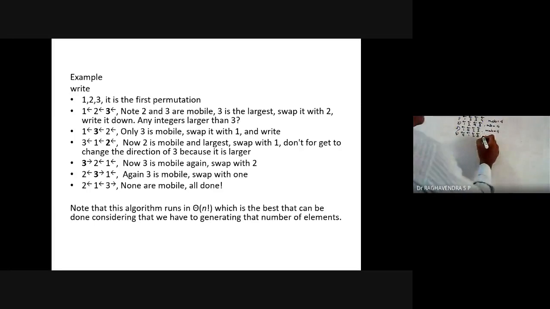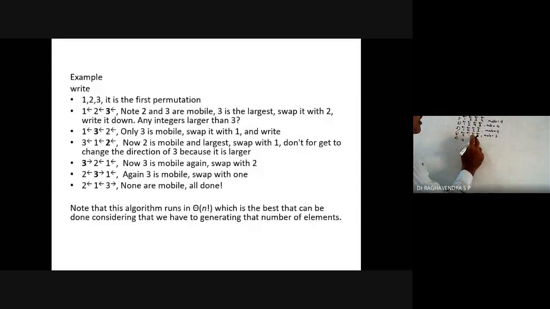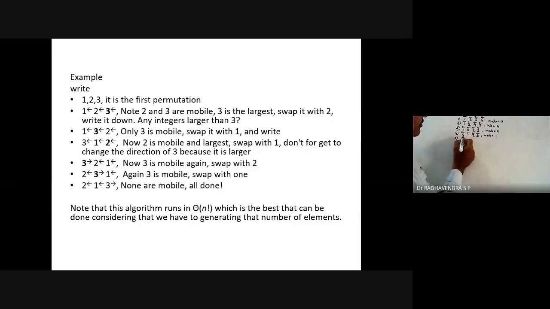So now identify the mobile. Which is the mobile here? 3. 3 is the mobile. So for now, since we have changed 3 and 2, we have to change the direction of 4. Next we have 1, 3 and 2. Okay. Now once again the mobile is 4.